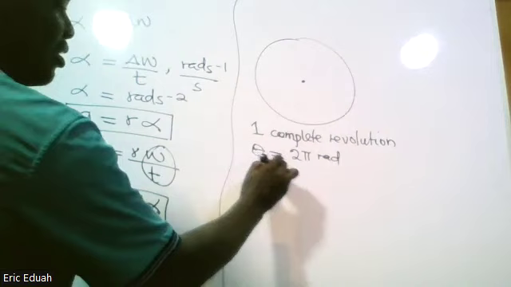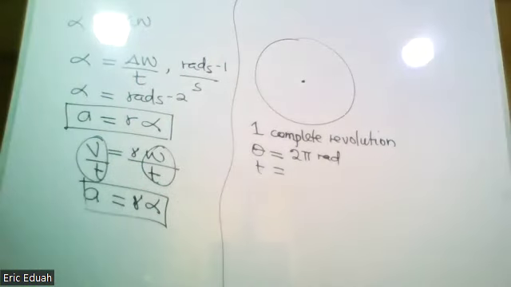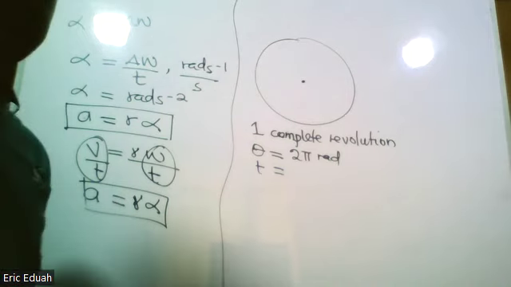Now, what is the name given to the time taken to make one complete revolution? Period. That's the period.